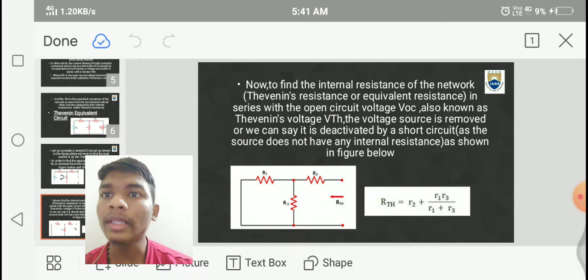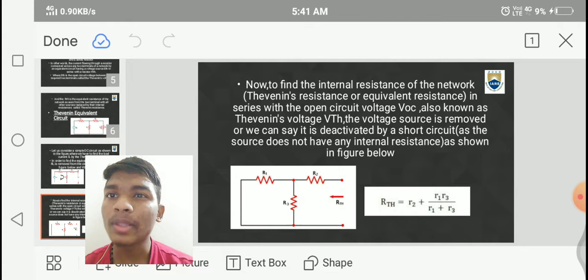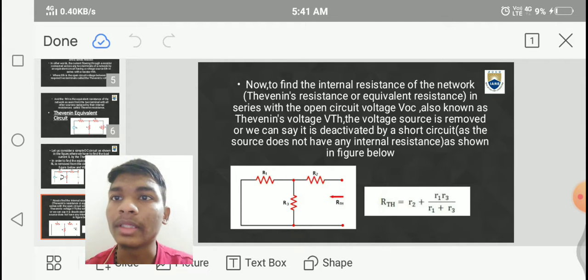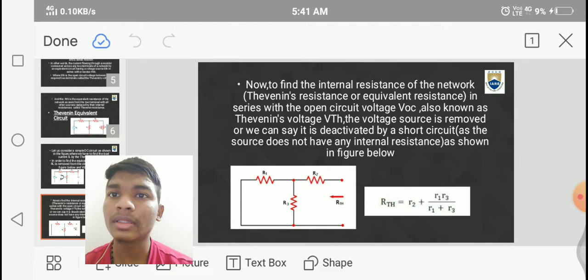Now, to find the internal resistance of the network, the Thevenin's resistance or Thevenin's equivalent resistance, in series with the open circuit voltage, that is VOC, also known as Thevenin's voltage V Thevenin, the voltage source is removed, or we can say it is deactivated by a short circuit, and the source does not have any internal resistance as shown in the figure.